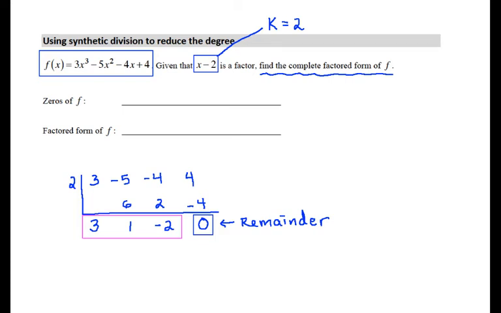So the remainder, next we have the constant term. I'm going to write that as a c. It's like x to the 0. Then I have my x to the 1 term. Then I have my x to the 2 term. So that these numbers make up the polynomial 3x squared plus x minus 2.